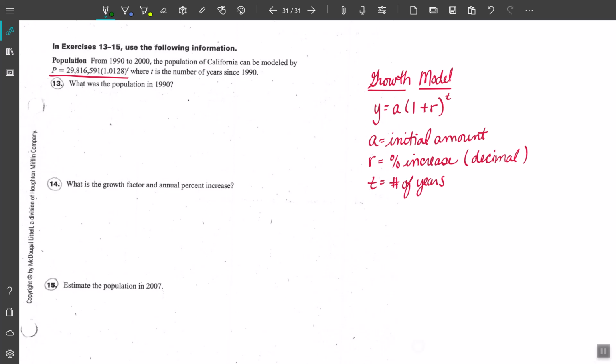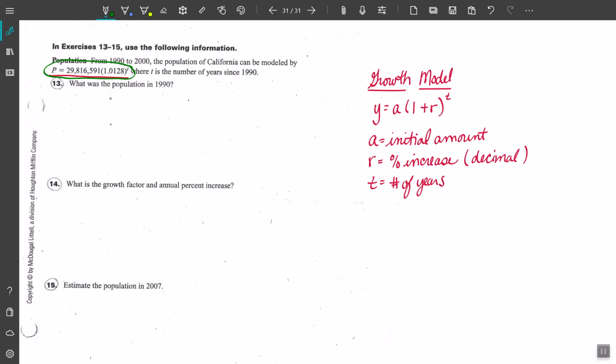So if we use this function right here that they gave us to answer the first question, what was the population in 1990? Well, 1990 was the very first year that they did this. So 1990, take away 1990 gives us 0. So we're talking about that we haven't even completed a full year yet.